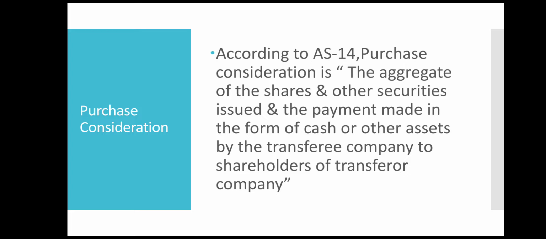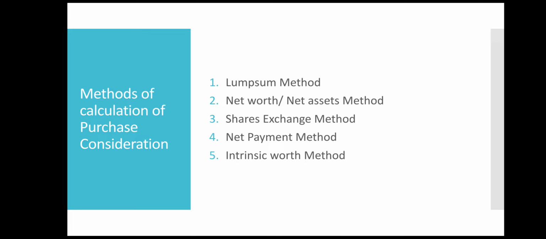Now there are several methods to calculate purchase consideration. Okay, so let us now study what are those methods of calculating purchase consideration. Basically, there are 5 methods for calculation of purchase consideration. First one is lump sum method.